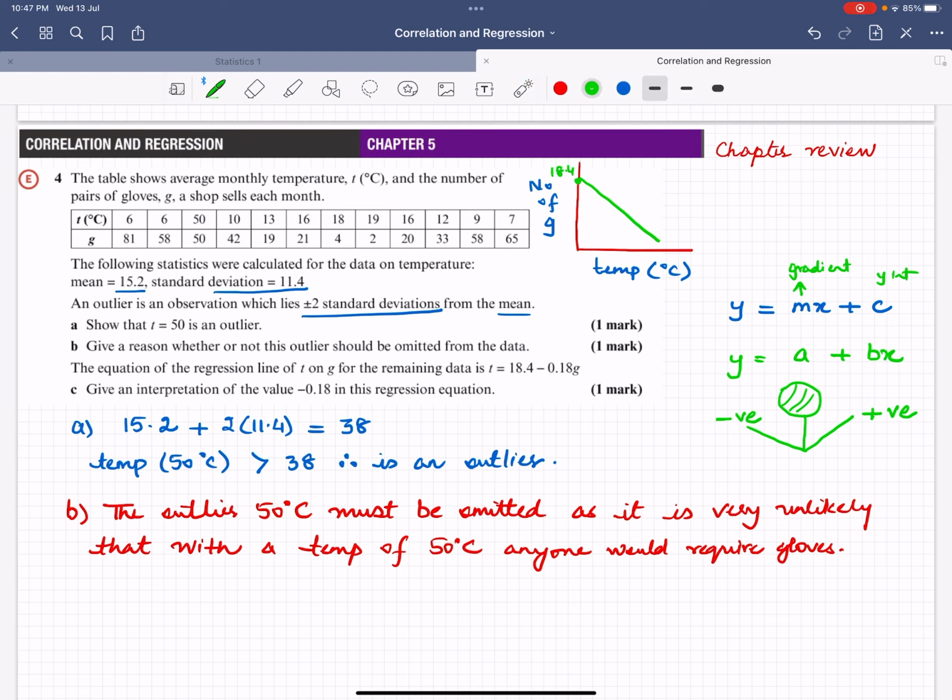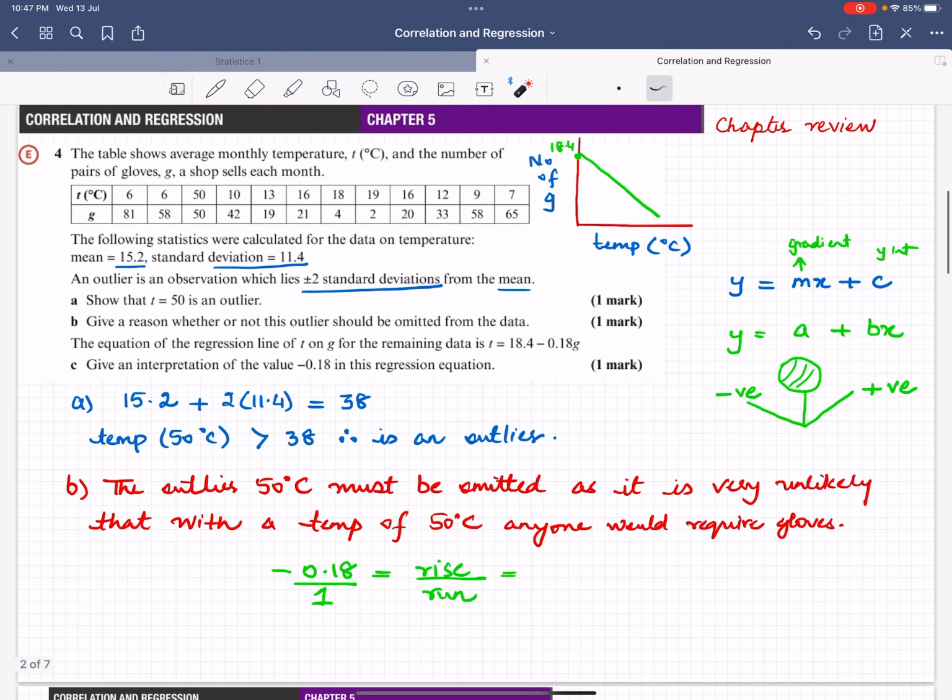So when we have the slope or the gradient as negative 0.18, that is equal to rise over run. We can say that the run is 1, as it is a fraction, and the fraction with negative 0.18 has a denominator 1. What is the rise here? The rise is the number of gloves, and the run is the temperature here.